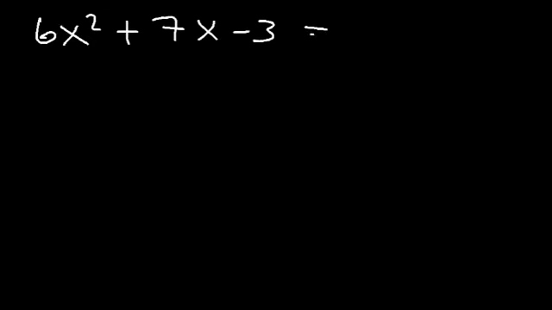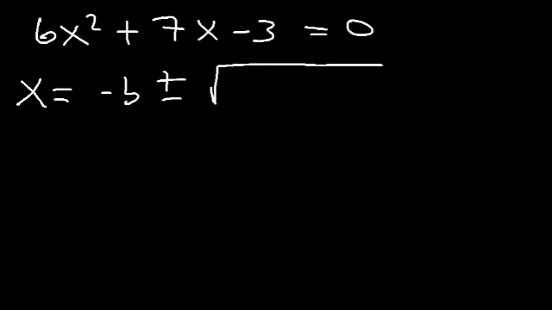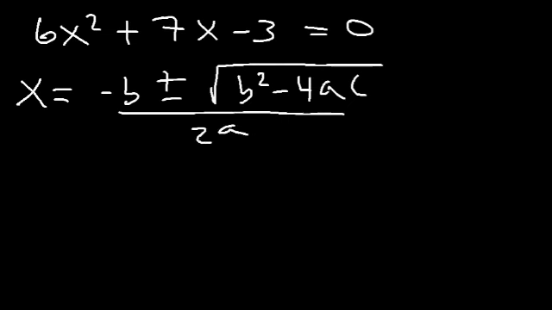So now let's use the quadratic formula to get the same answer. So x is equal to negative b plus or minus the square root of b squared minus 4ac, over 2a.